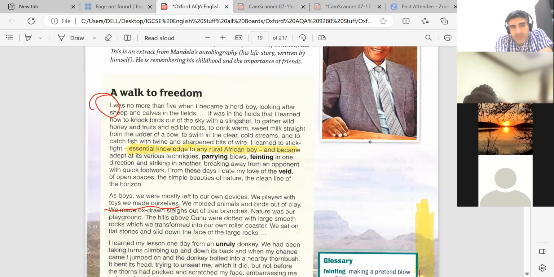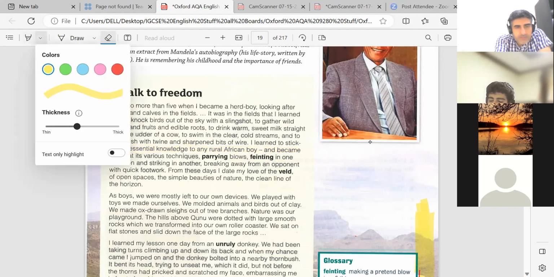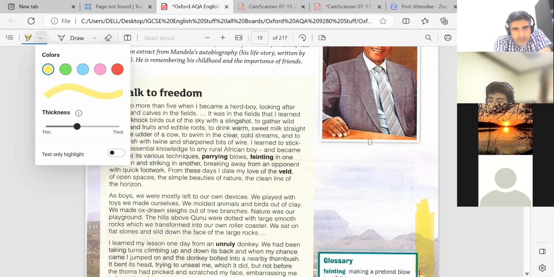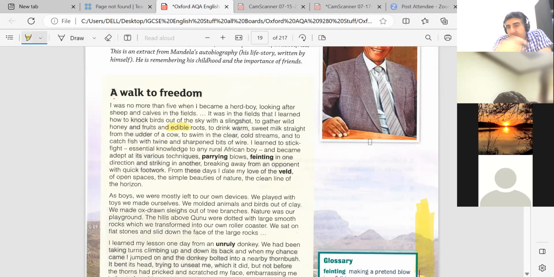Akram and Khalid say edible. Which line, Khalid? The fourth line. Edible root. Perfect. Edible doesn't mean enjoy. Exactly. So please write it down. Edible means good to eat.